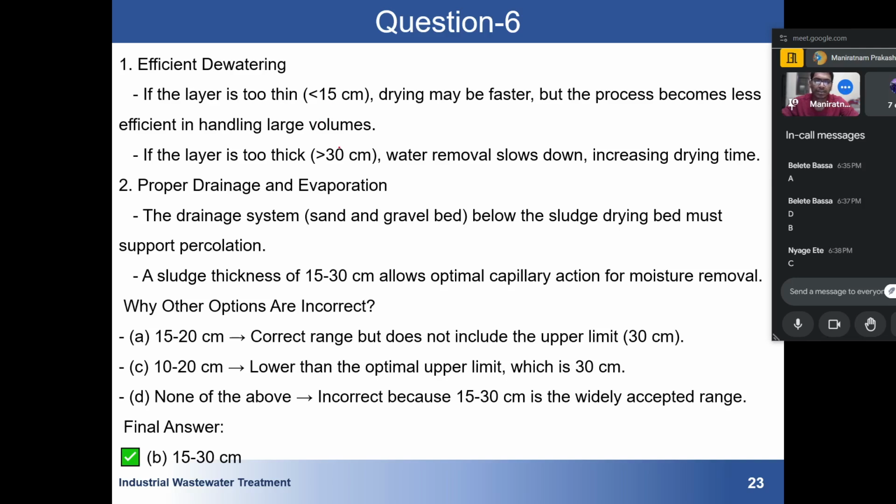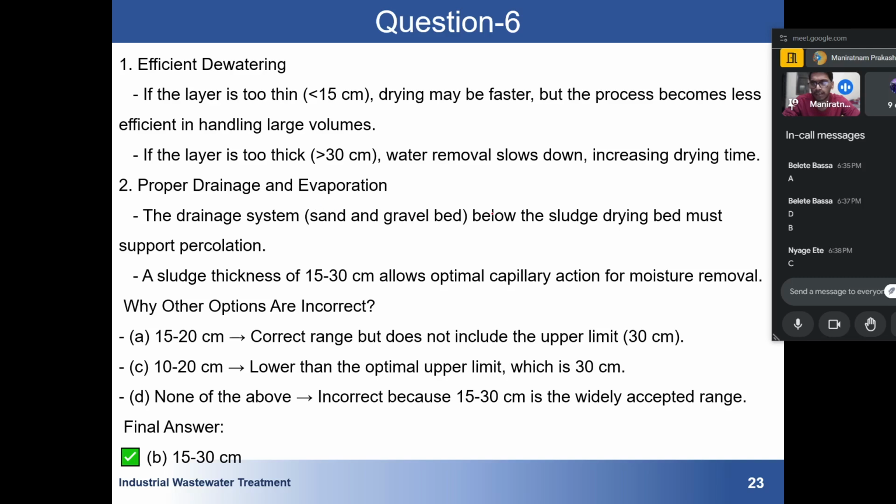These dimensions have been found after several hit and trial, and currently at every sludge handling treatment plant, this method is adopted. That is, it should be between 15 to 30 centimeter, for proper drainage and evaporation.